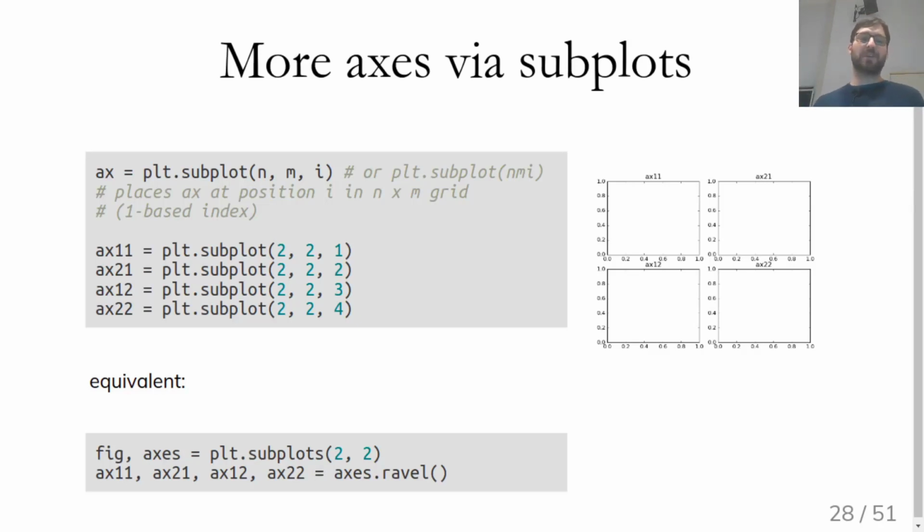This is kind of a weird interface. So here at the bottom I wrote, if you do 221, you get the top left. If you do 222, you get the top right, and so on. And it's indexed by 1 because it's stolen from Matlab. So I prefer doing something like plt.subplots 2,2, and I get the figures and the axes back, and I have an array of axes.